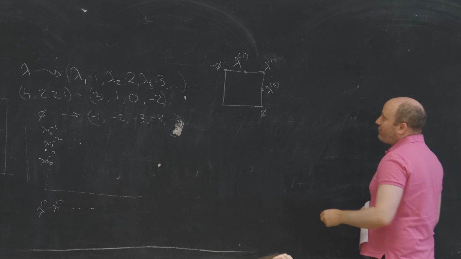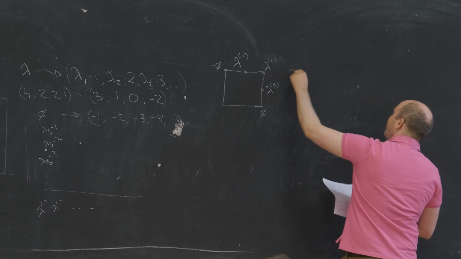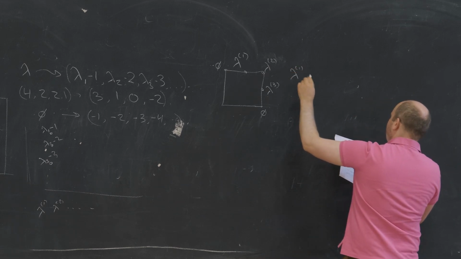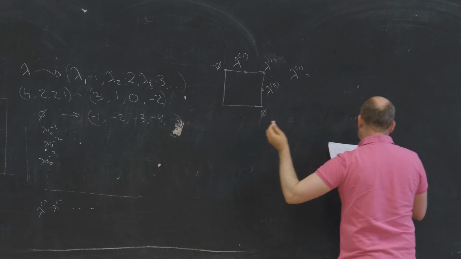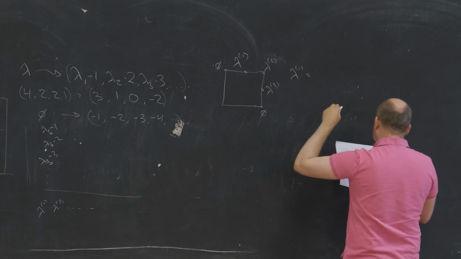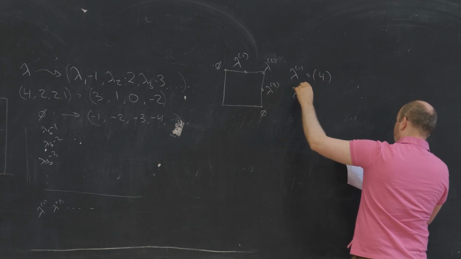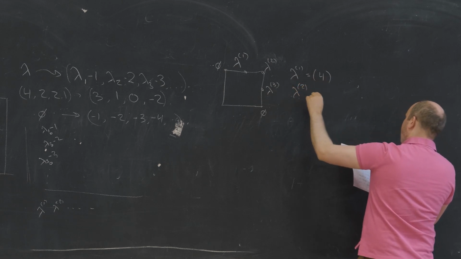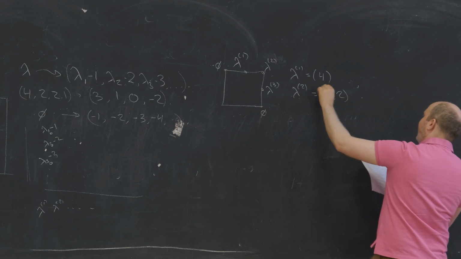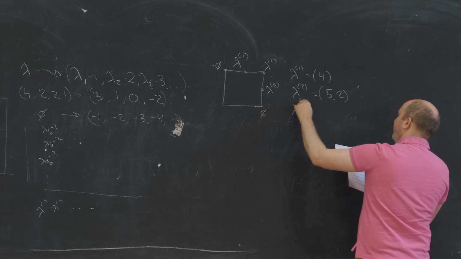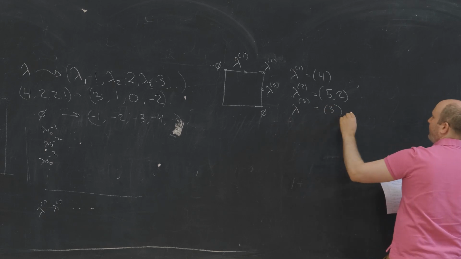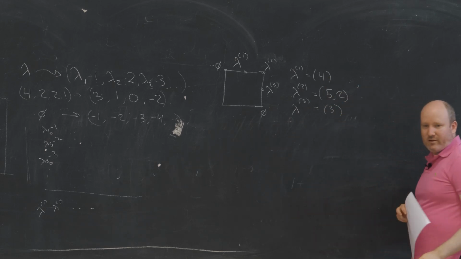Let's imagine I choose a random configuration according to the Schur process, and let's say that it assigns that lambda 1 is just 4, lambda 2 is the partition 5, 2, and lambda 3 is the partition 3. Of course, all zeros after that.